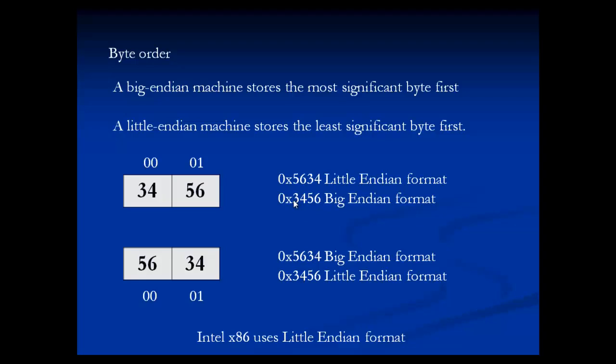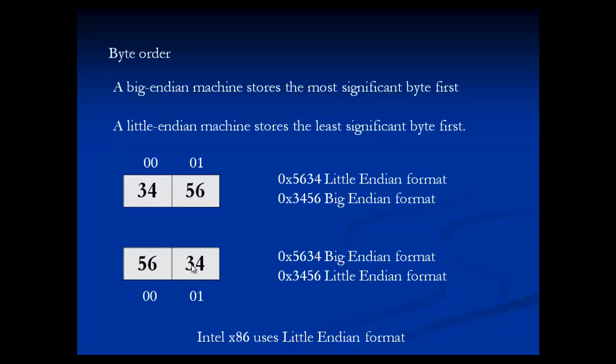The same thing in little endian format is that the least significant byte is kept first and the most significant byte is kept last. So this is little endian format. This is a representation of bytes. Similarly, we have another example where we have taken 56, 34.